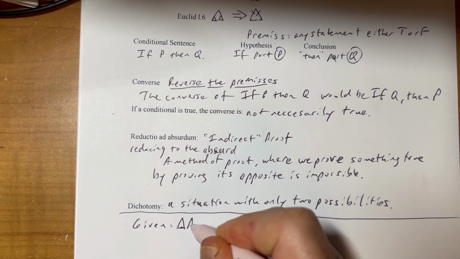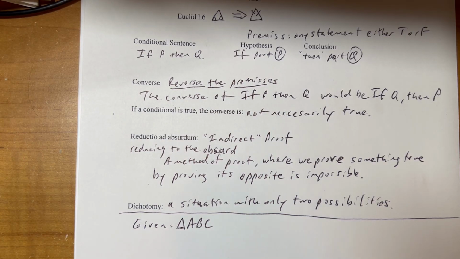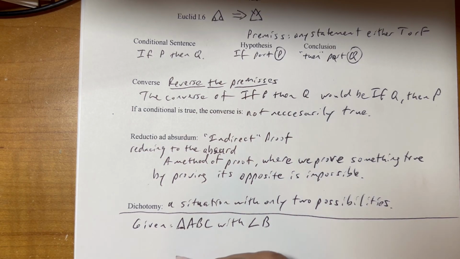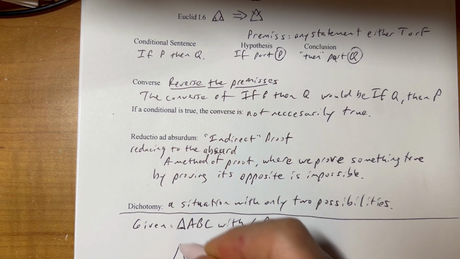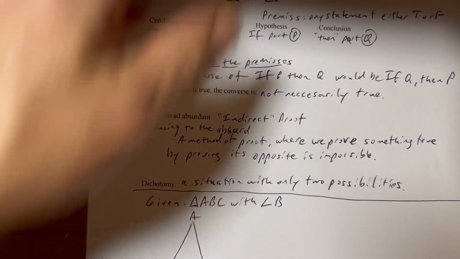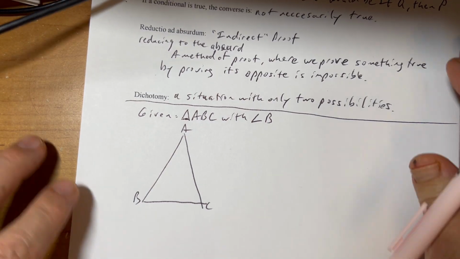So we're going to have given triangle ABC with the base angles equal. All right, so I'm going to draw ABC down here. A, B, C. You can't see it yet, but let me move my stuff around on my desk here. There we go. All right.